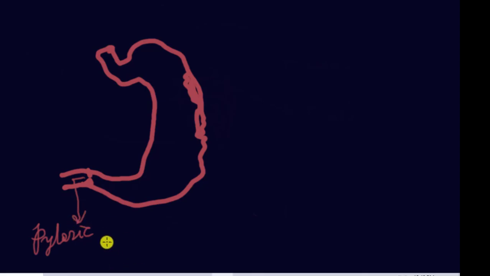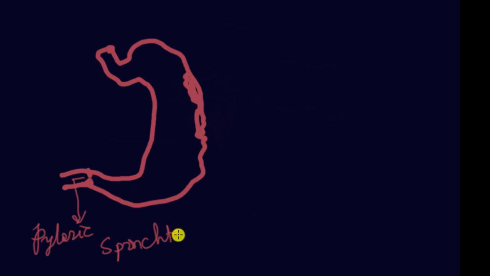This valve is a sphincter. Which sphincter is it? It is known as your pyloric sphincter, okay. Pyloric sphincter, which one? This one, okay. So this is the cut section.